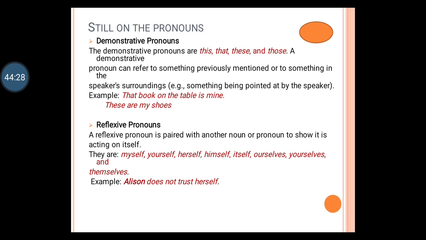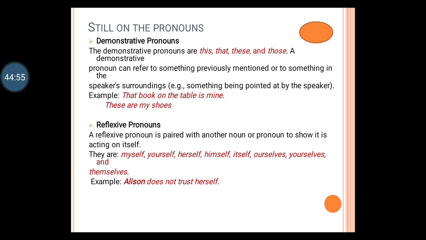And then we have the reflexive pronouns. The reflexive pronoun is paired with another noun or pronoun to show it is acting on itself. You should know how to use this. Reflexive pronouns are myself, yourself, herself, himself, itself, ourselves, yourselves, and themselves. Sometimes I hear students say theirselves.